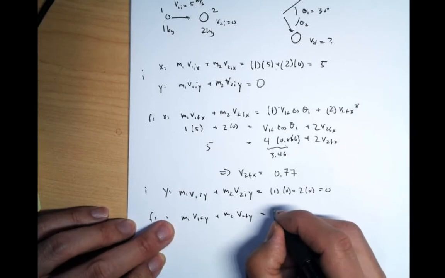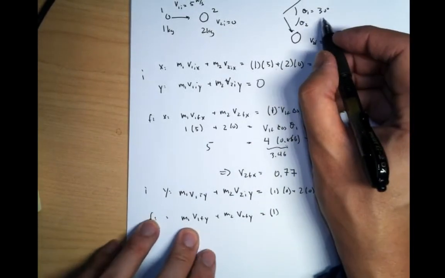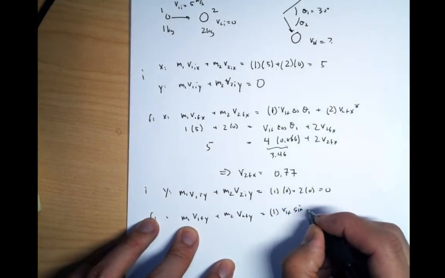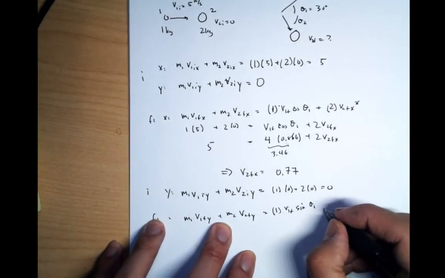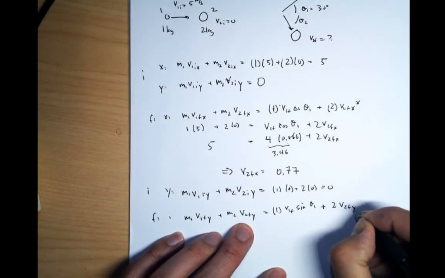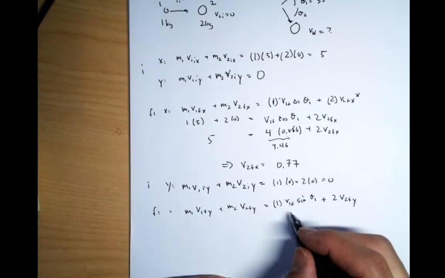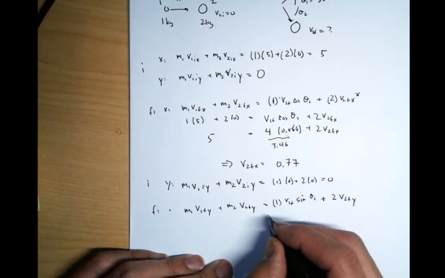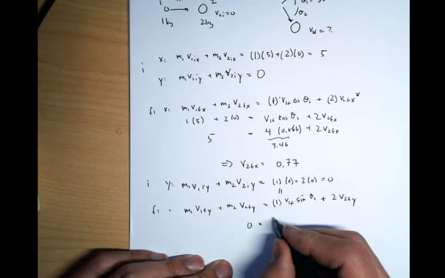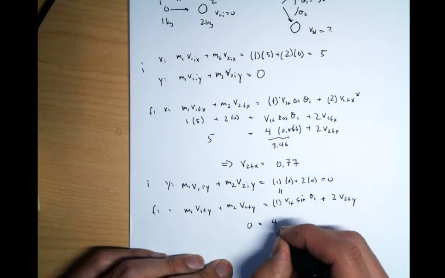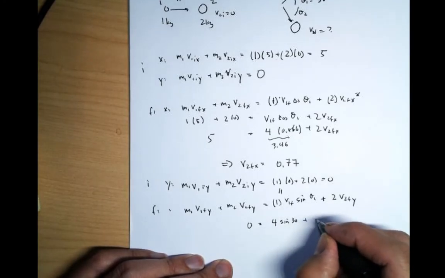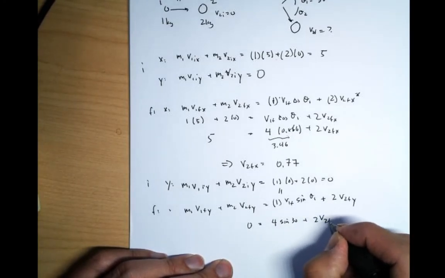So that's going to be 1 times v1f sine of theta 1, which we know, plus now m2, that's 2, v2fy, which we want to find out here, okay? So this entire thing is equal to 0, because these two are equal to each other, is equal to 4 times sine of 30 degrees, that's basically 2, plus 2 v2fy.